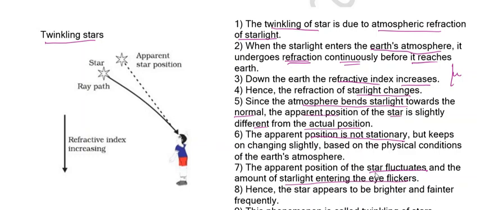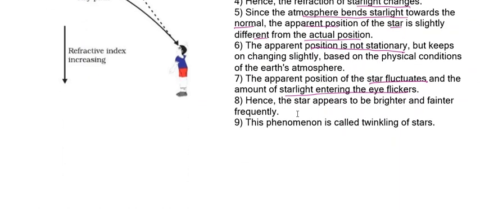Since the apparent position of the star fluctuates, between the original position and the apparent position, the amount of starlight entering our eye changes, and it appears to be flickering or twinkling. So this star appears brighter and fainter, and this occurs frequently. That phenomenon is called the twinkling of stars.